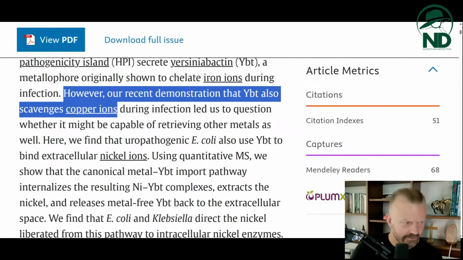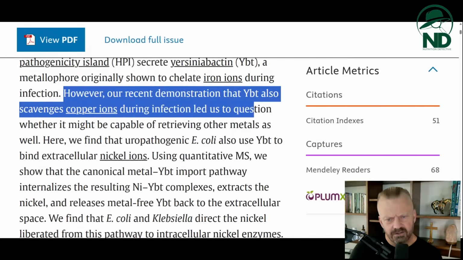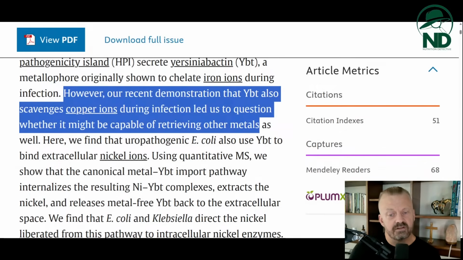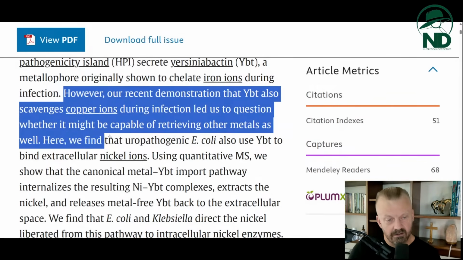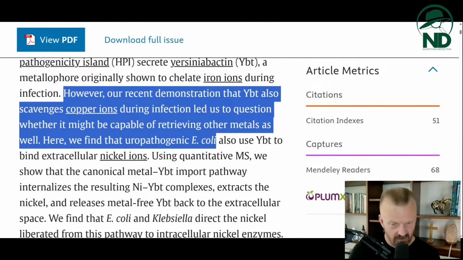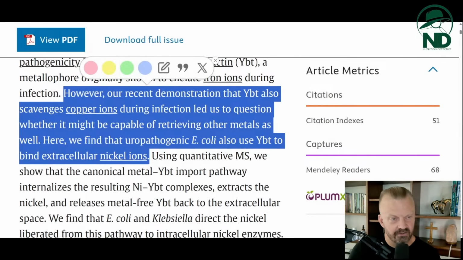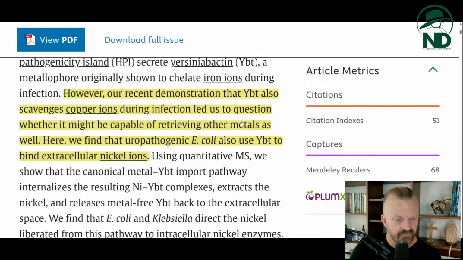That's weird. Copper showing up again during infection led us to question whether it might be capable of retrieving other metals as well. Here we find that uropathogenic E. coli, as in urinary tract disease, also use YBT to bind extracellular nickel ions.